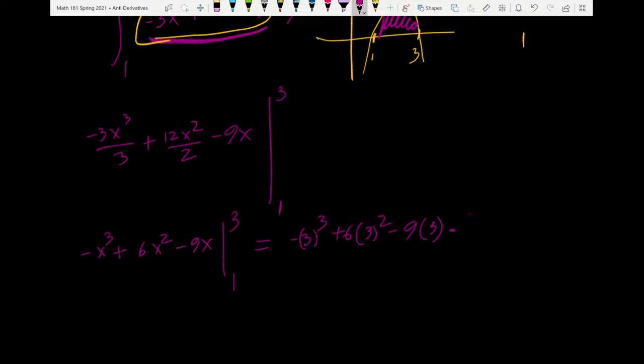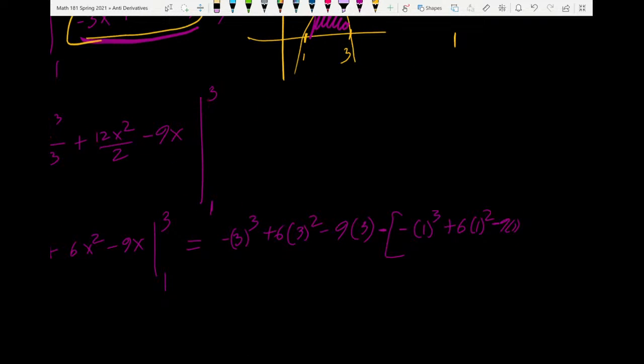Now we have to subtract the whole thing: negative 1 cubed plus 6 times 1 squared minus 9 times 1. If we simplify that, you'll get 0 minus negative 4, which becomes just 4.